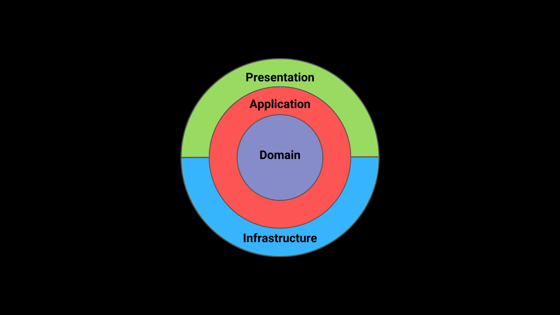Then, use cases, the application layer, orchestrates behavior. Then, the infrastructure layer implements database, APIs, external services, and finally, the UI layer, the delivery mechanism like controllers or views. Dependencies always point inward. Outer layers depend on inner layers, never the other way around.